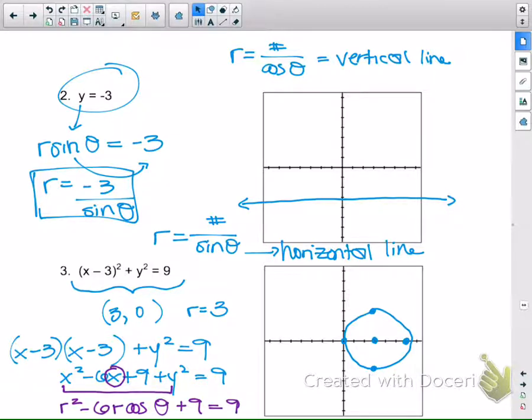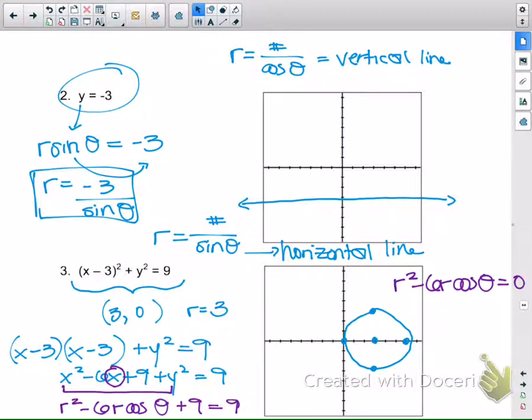What is my goal to solve for here? R. All right. So if I'd like to solve for R, how do I start? Minus 9, what's that going to do for me? Make 0. So I have R squared minus 6R cosine theta equals 0.